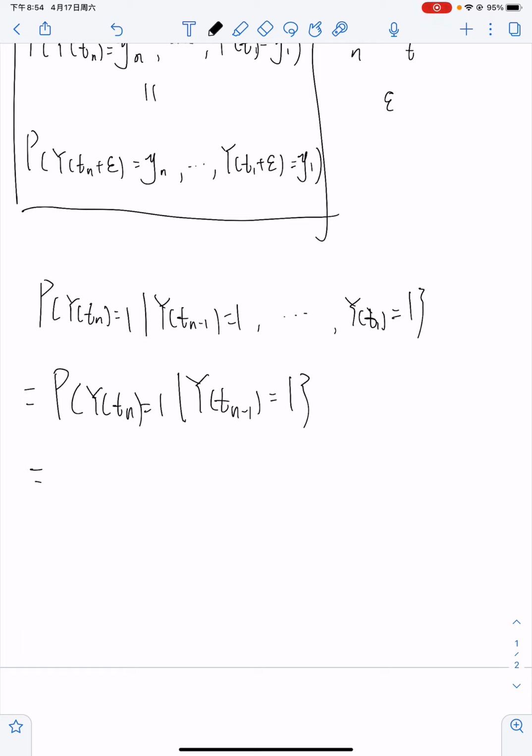So if we start at 1, here is t_n and here is t_{n-1}, and the value is still 1 at t_n, we need at least 2 signals, or 4, or 6. In conclusion, we need an even number of signals.